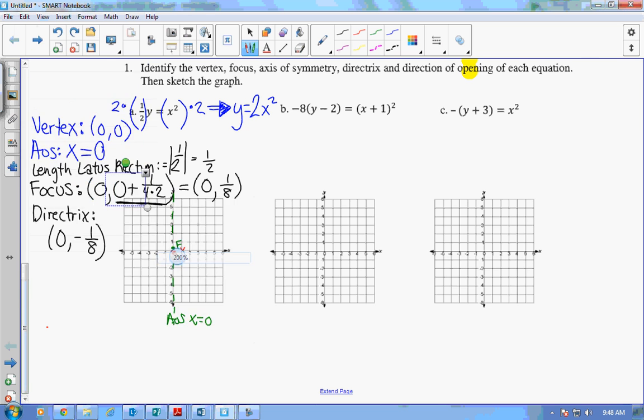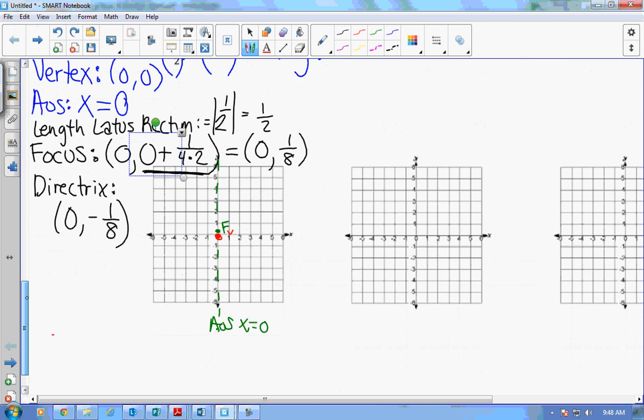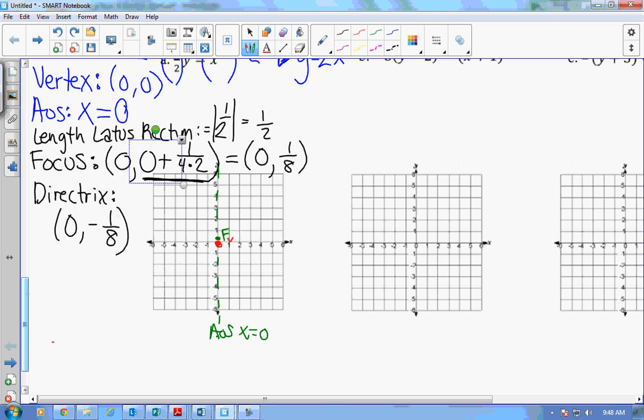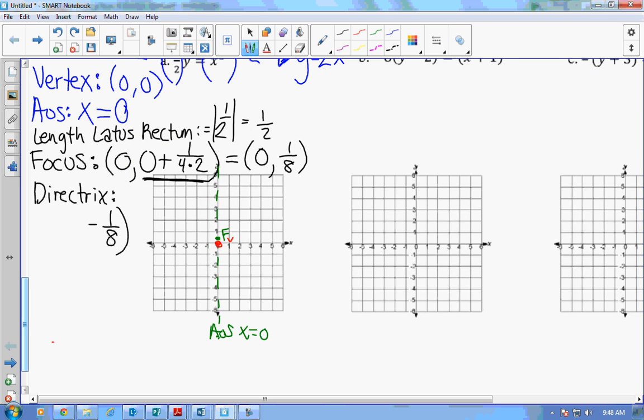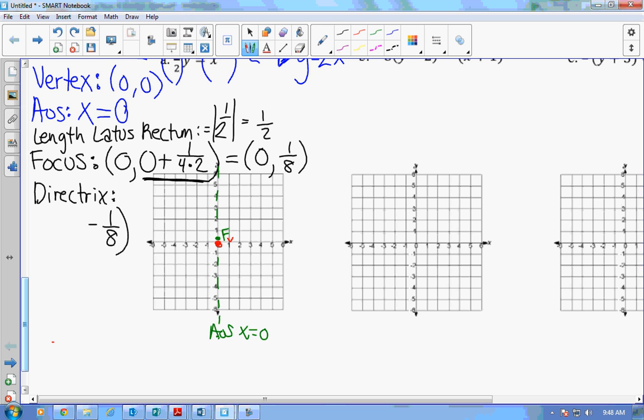We also have another line. Whoops, I put the directrix as a point. That's not true. It's an equation. Y equals negative 1/8.